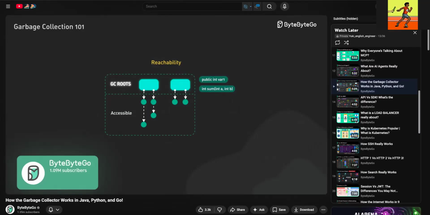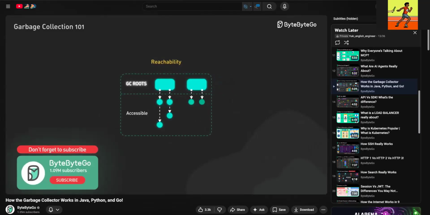I know global variables and stack reference. GC root is a start point. What's start point? I'm not sure. Starting points.